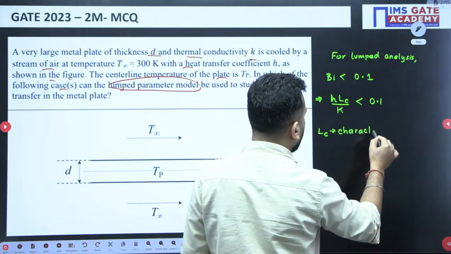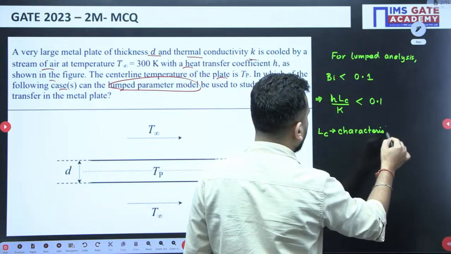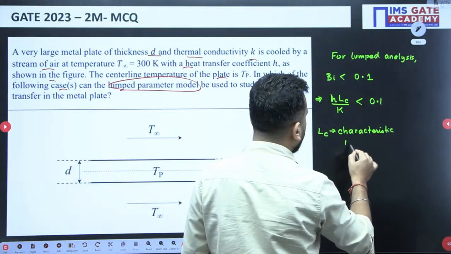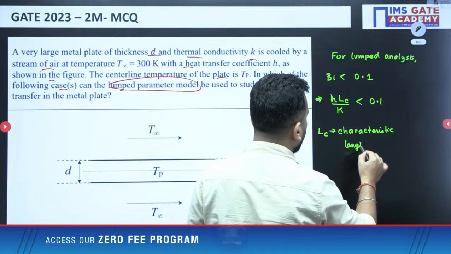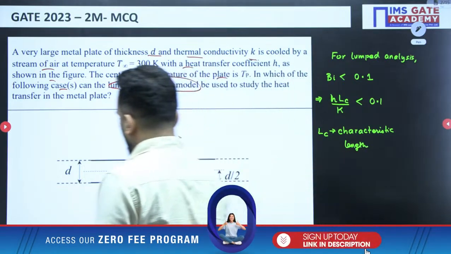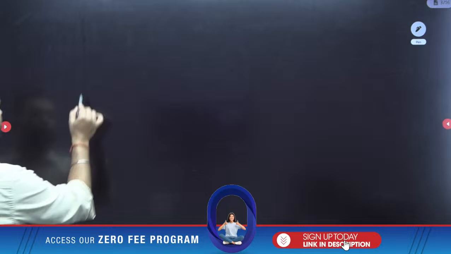Characteristic length or characteristic dimension. Let me give you an idea.